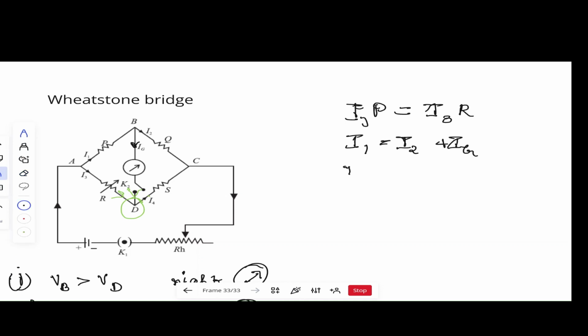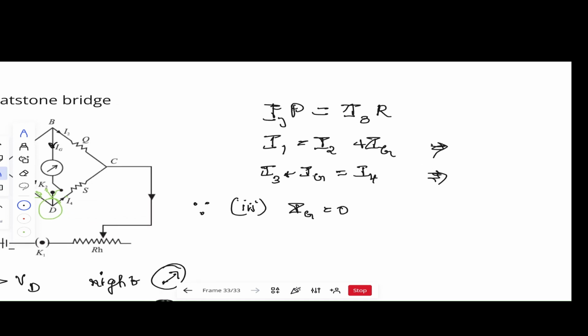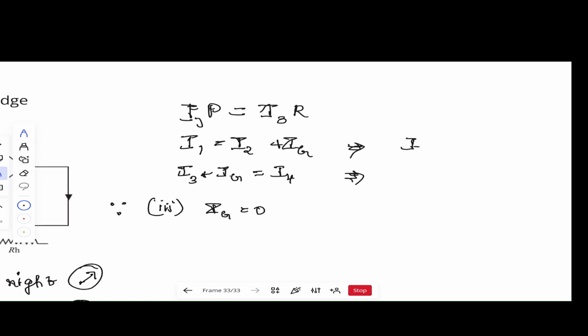So I3 plus Ig is equal to I4. But we know that for the third case, Ig is 0. Then these equations can be written as I1 equal to I2 and I3 equal to I4.